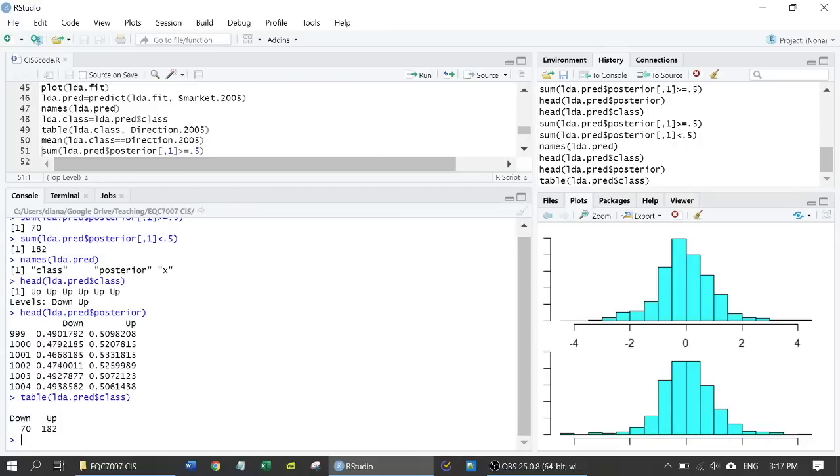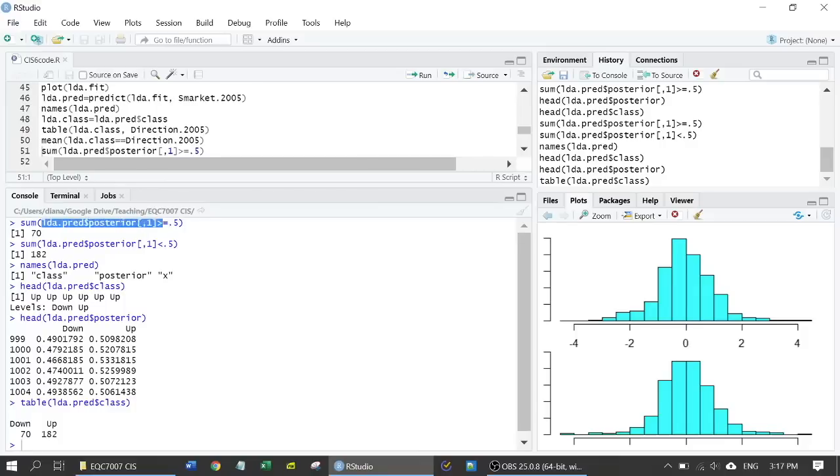But if you look at this, this is very straightforward. This corresponds to the first column here, which is down. And if the probability of being down is larger than 0.5, then we would predict it to be down. So as you can see here, there are 70 observations.